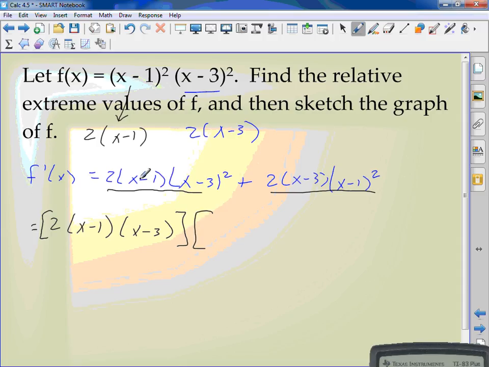And if I pull out a 2, x minus 1, x minus 3, I am just left with an x minus 3 on the first one. And if I pull out a 2, x minus 1, x minus 3 on the second one, I'm left with an x minus 1. You okay? Can't do anything right here.